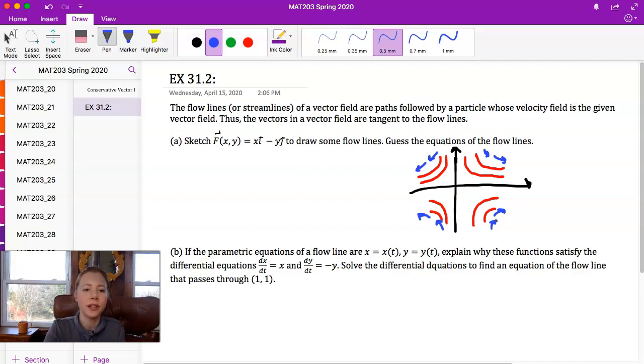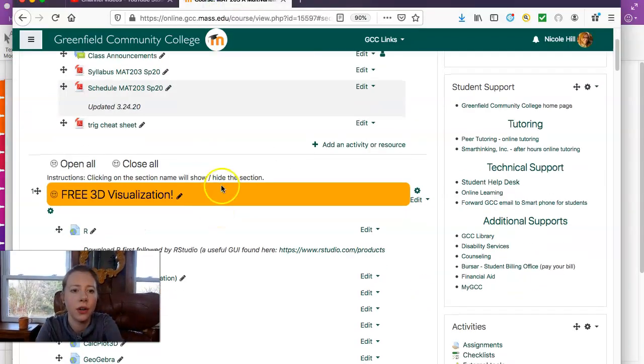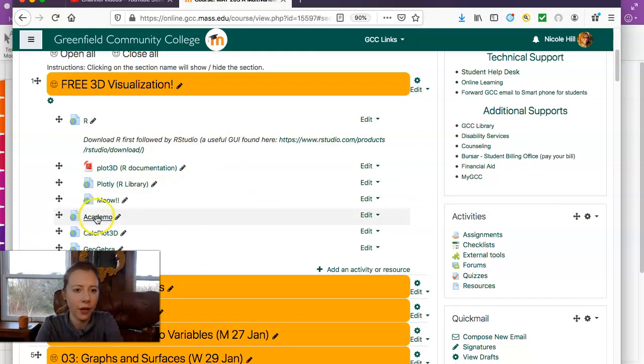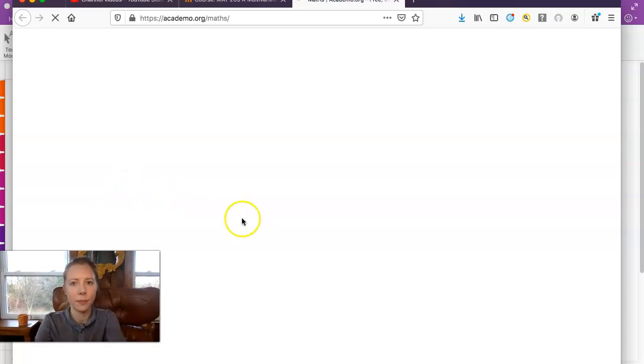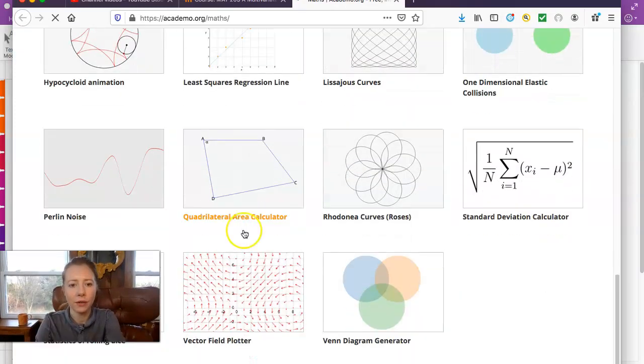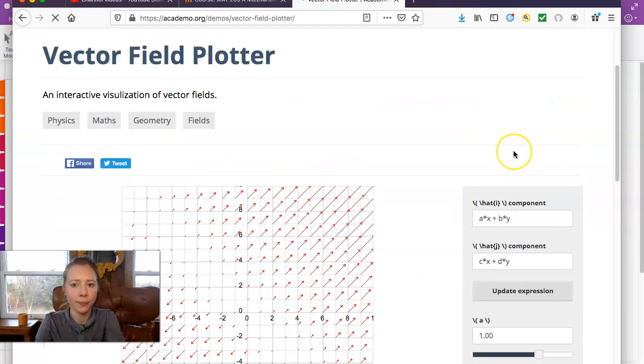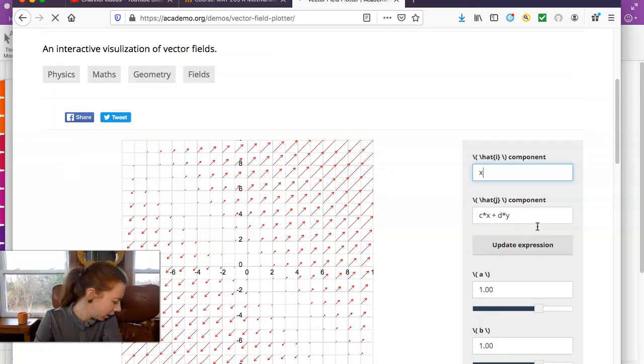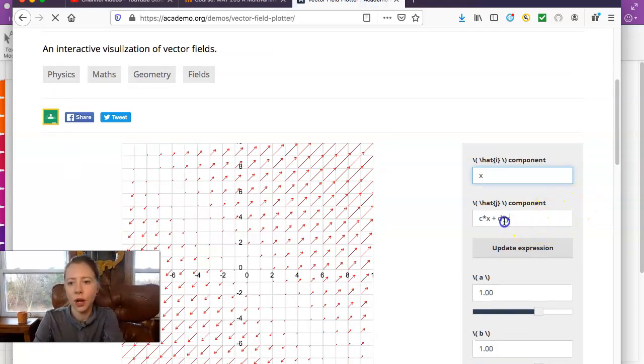Let me open this up once again in Academo and we'll take a look at it. Looking at our course, under our free 3D visualization section, if we go to Academo and down to the vector field plotter, we can plot this vector field, which was x i hat and minus y j hat.